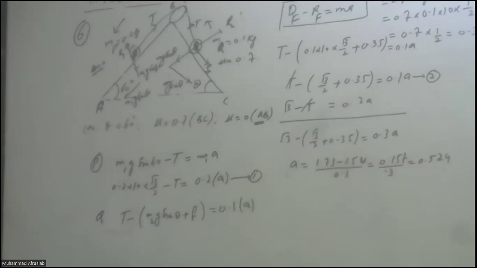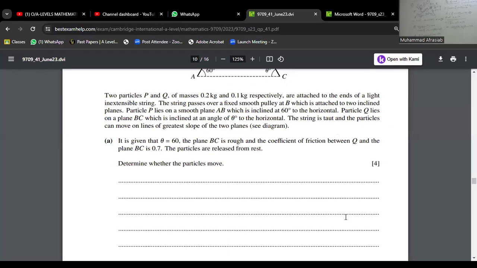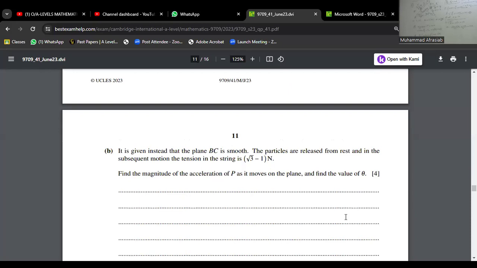Now the second part of this question is, it is given that the plane BC is also smooth. The particles are released from rest, and in the subsequent motion, the tension in the string is root 3 minus 1 Newton.